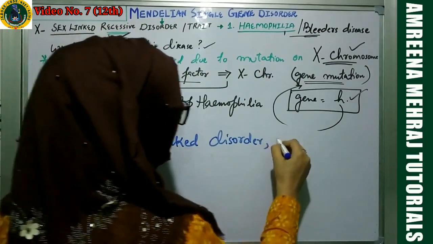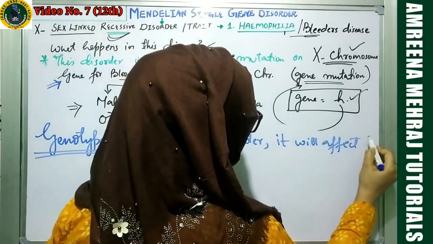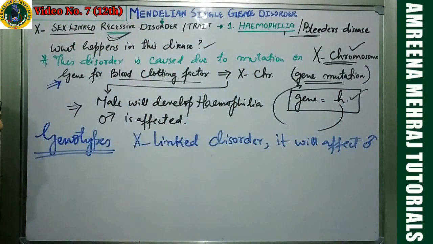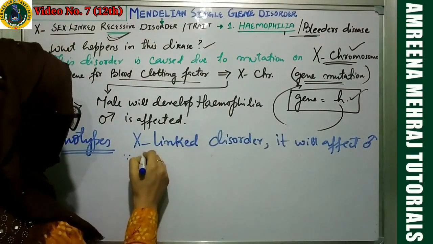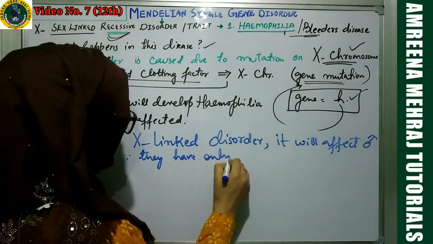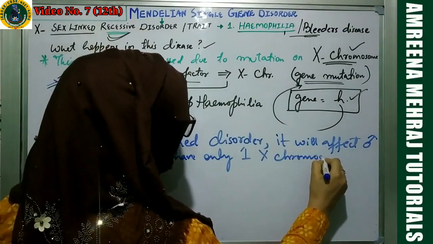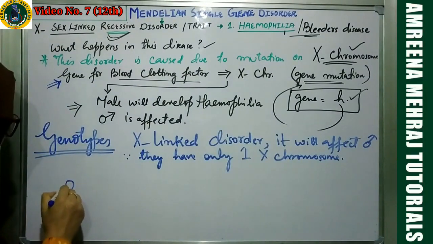And you want to understand that it will affect whom? Males. I will not say only males because I will make you understand now. It will affect males because they have only one X chromosome.